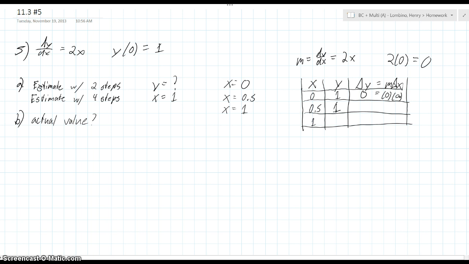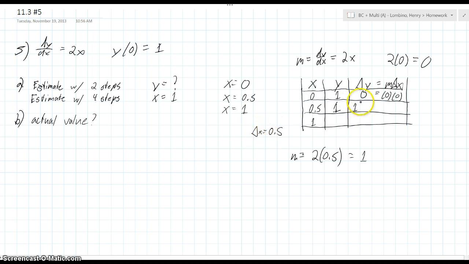That was pretty easy, but now it gets a little more complicated. Now we have an actual value for x, so let's solve for the second time. Now we have to find m. So m is going to equal 2 times this x value, which is 0.5, which equals 1. So we have 1 times the change in x. If we go back, we know that x is increasing every time by 0.5, so the change of x is 0.5.